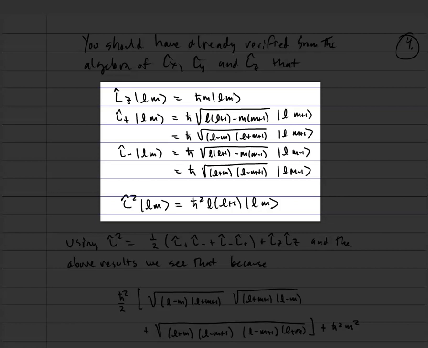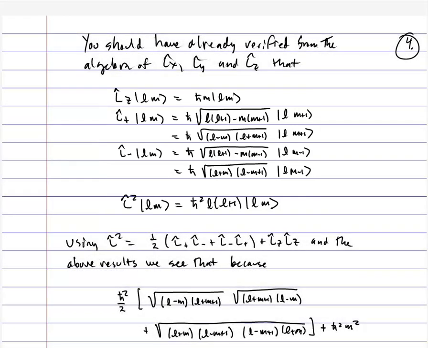If you have not done this, again, please let me know because I can review this for you. But this is a very standard thing that appears in all quantum mechanics textbooks, and it's something that you should be familiar with working on. You can get this just from the algebra of the angular momentum operators, the L plus, the L minus, and the L_z. Okay.